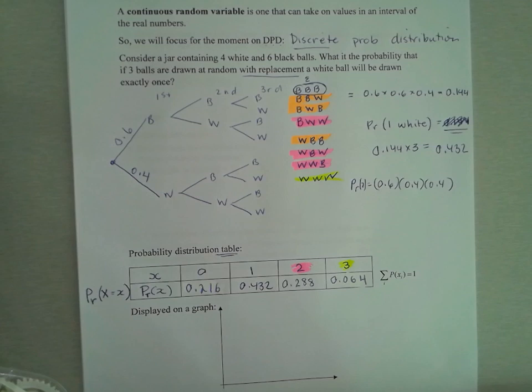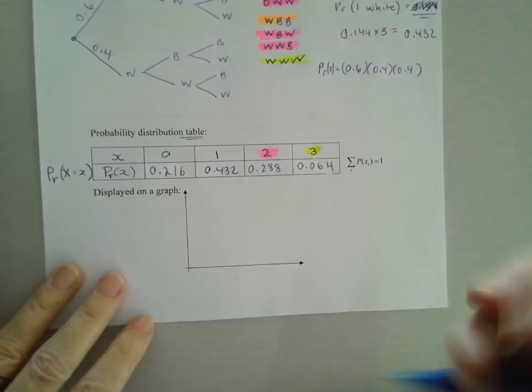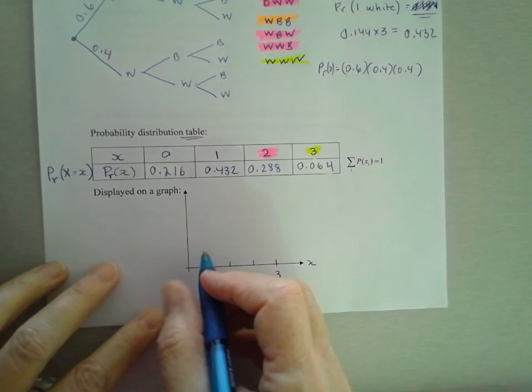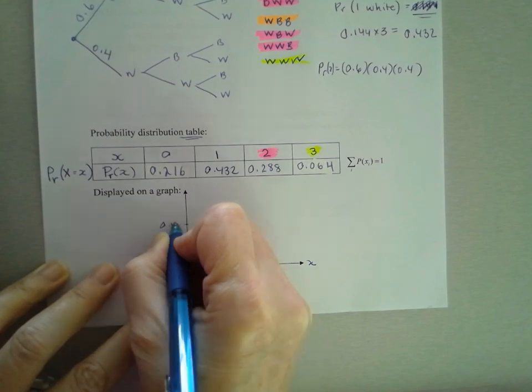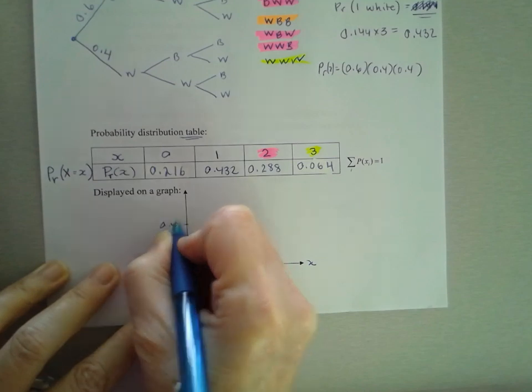The number of times I've seen this is very limited, but it's in your syllabus, so let's just put it on quickly one time. 0, 1, 2, 3. So those are all my x values. And then I put my probability values here. And all you do is just graph the dots.